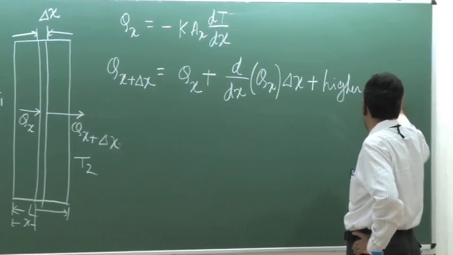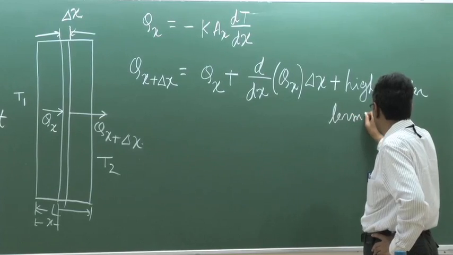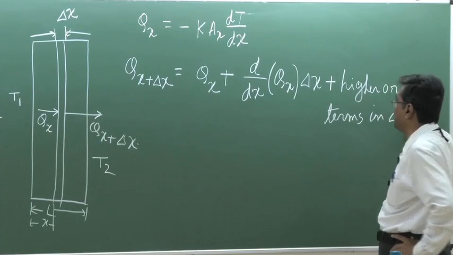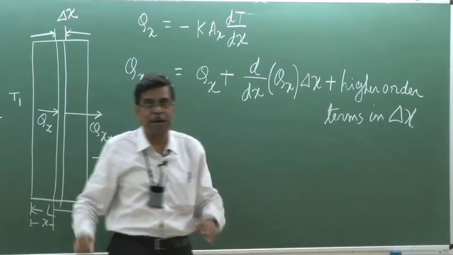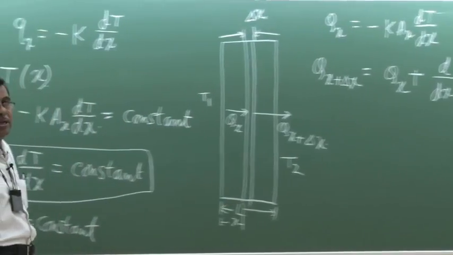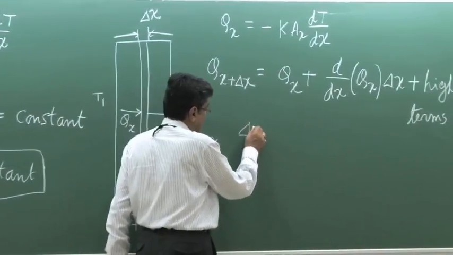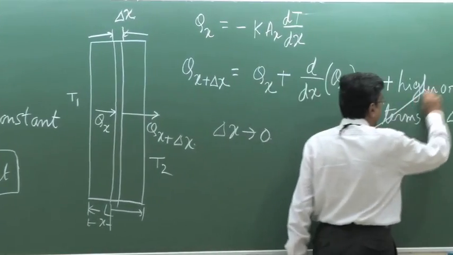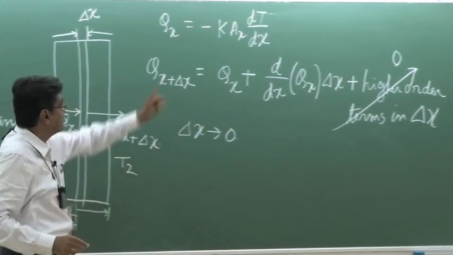The next term will be the double derivative times delta x squared by 2, as you know, and so on. And if delta x is very small, in the limit delta x tends to 0, we always neglect the higher order terms.